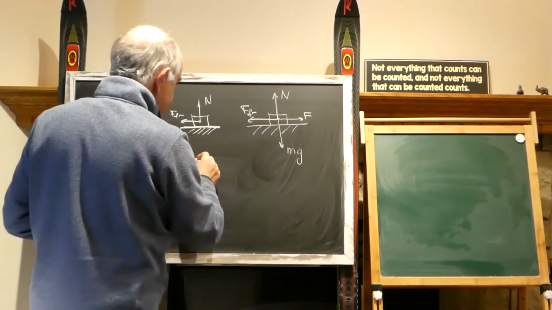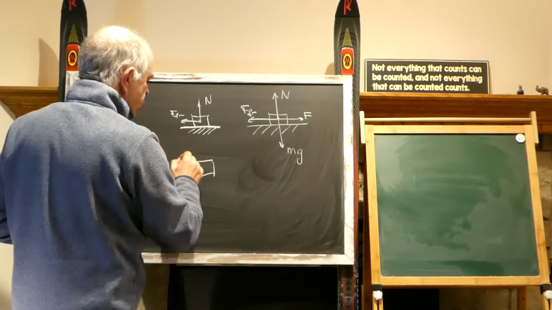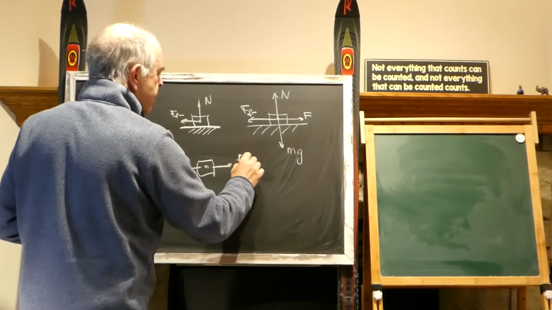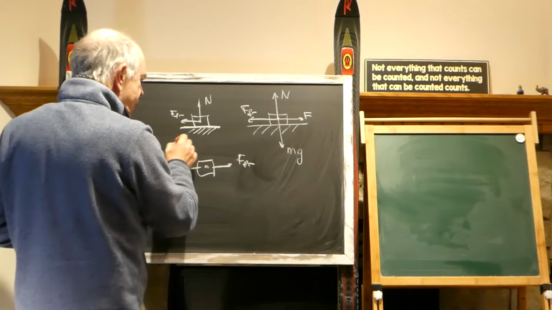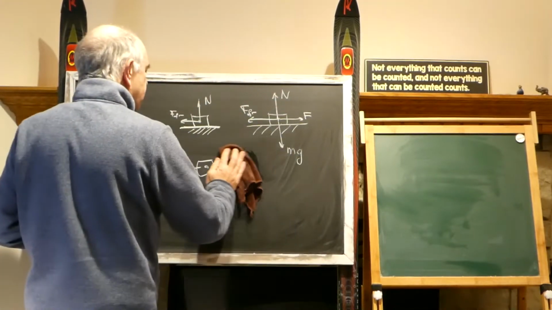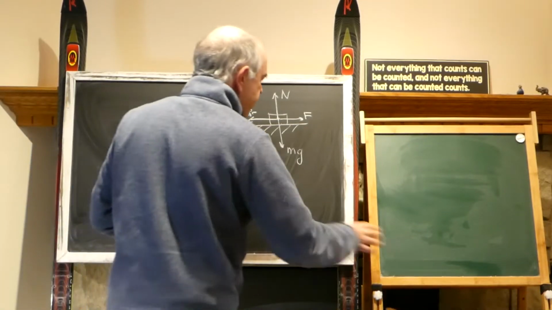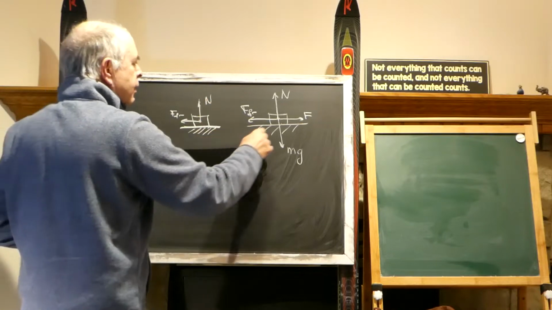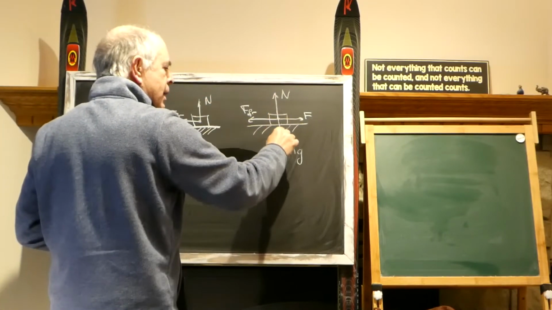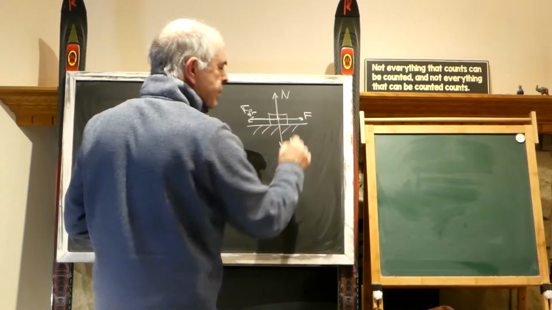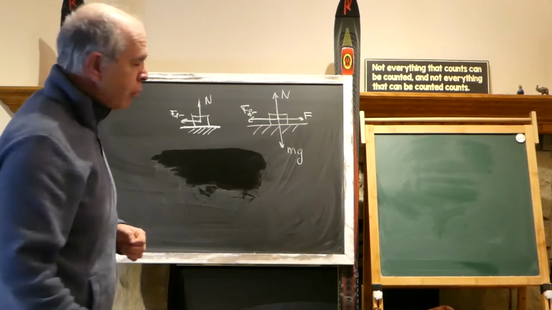If I apply this force F to this side, then the friction will be applied in the opposite direction. So the friction tries to balance this external force. So N, normal reaction, tries to balance gravity, and friction tries to balance external force.